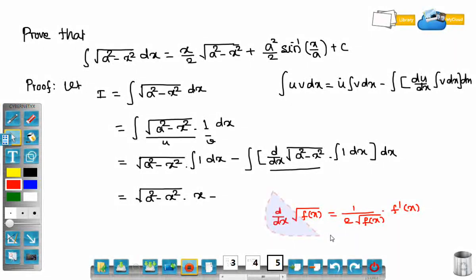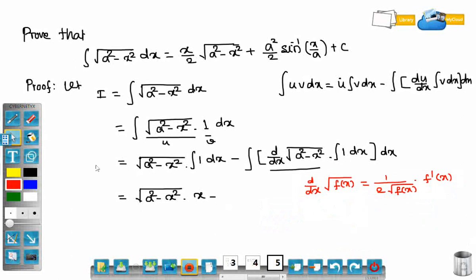Using this formula I can find the derivative of under root of a square minus x square. In this case this is your f of x.